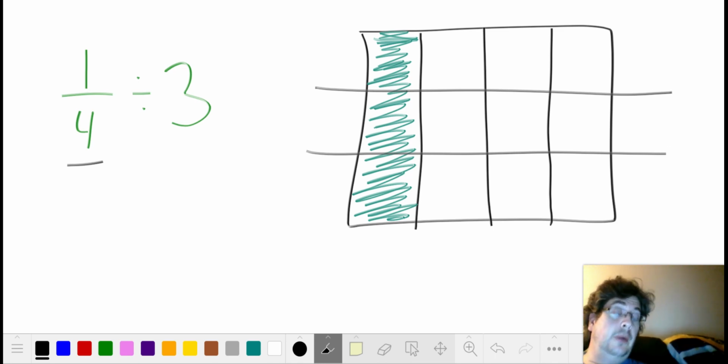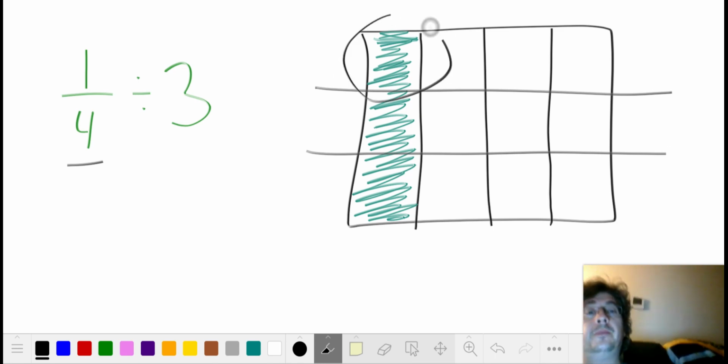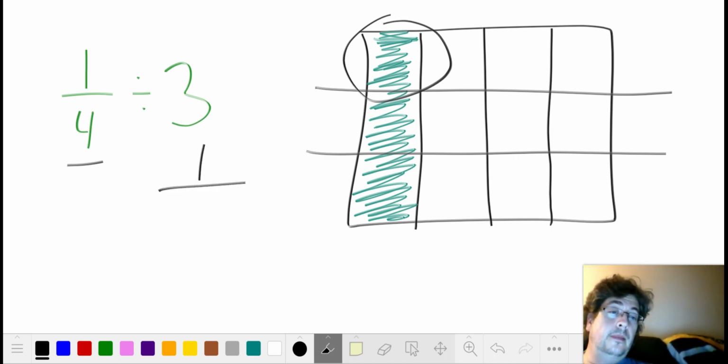So what am I left with? Well, one's going to be my numerator, okay, because I've divided that 1/4 into 3 pieces. So I have one of those pieces. But what size is that piece? Is it a third? Is it a fourth? Is it a fifth?